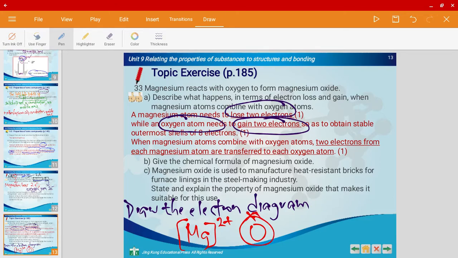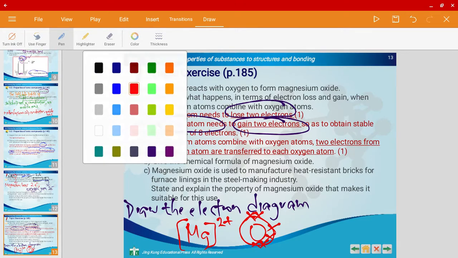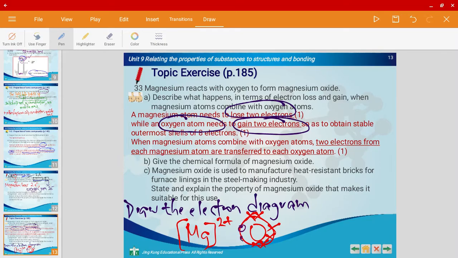So 1, 2, 3, 4, 5, 6, and it gets 2 electrons from Mg. And don't forget to add 2 minus. Okay, so that's the electron diagram of magnesium oxide.